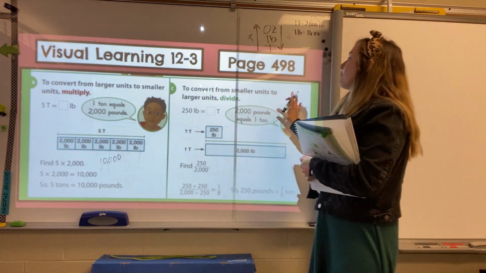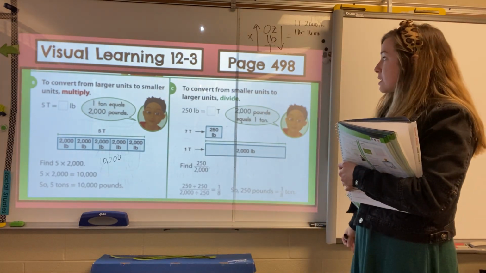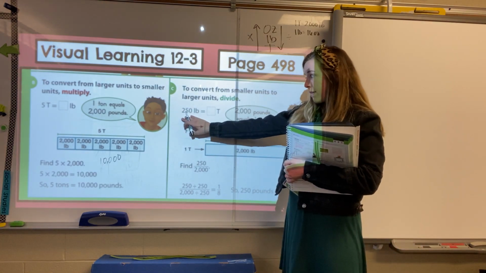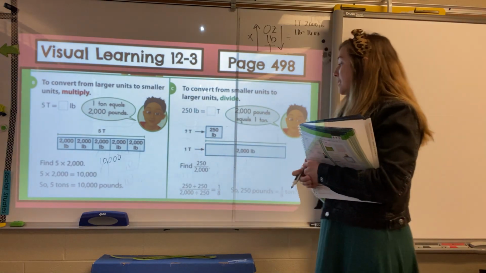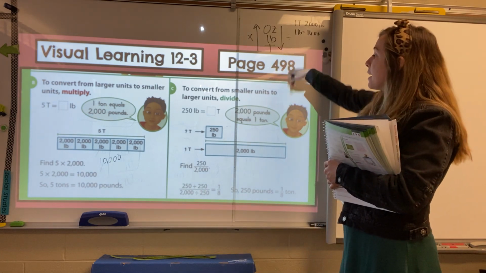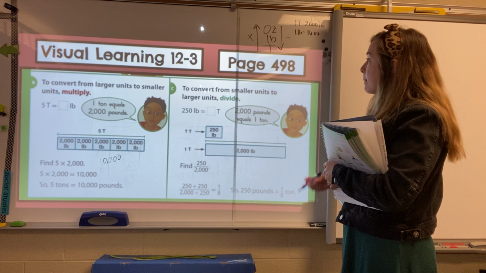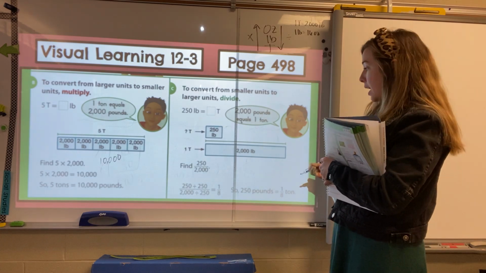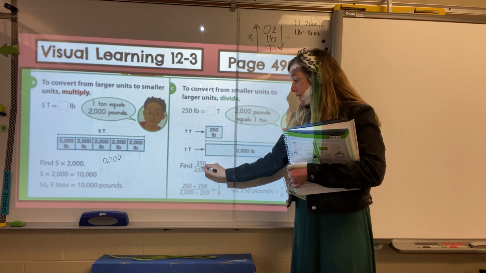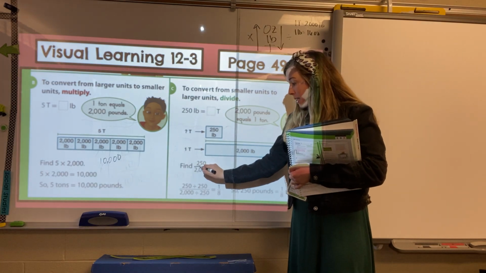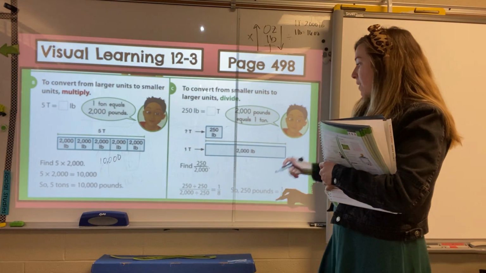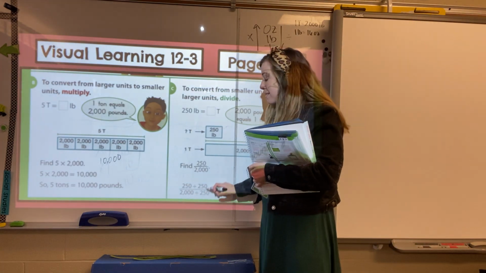If we are converting from smaller units to larger units, we need to divide. So here, if we're taking our baby elephant, 250 pounds, and trying to convert it into tons, going from pounds to tons, I went down, so I need to divide. I have to divide 250 by how many pounds are in a ton. So they have 250 over 2,000, or 250 divided by 2,000. Remember, this is a division symbol here. Then you can see they're going to simplify it down.